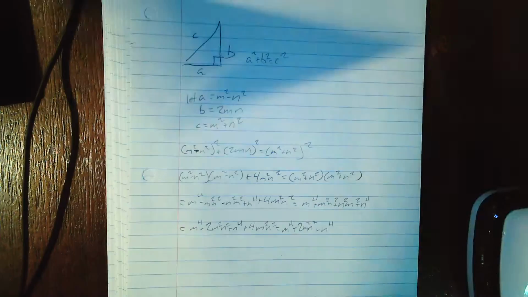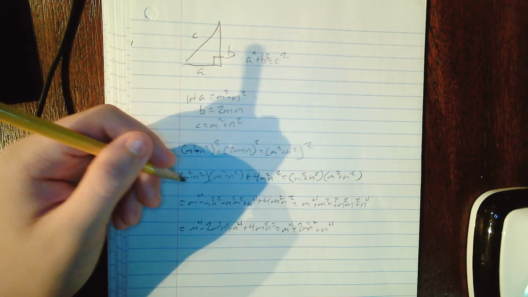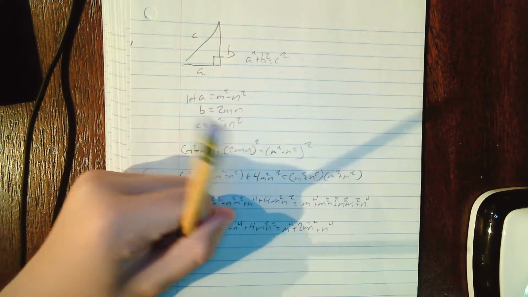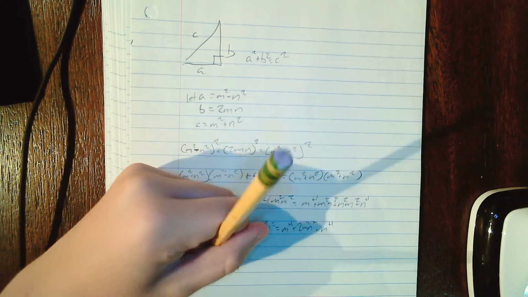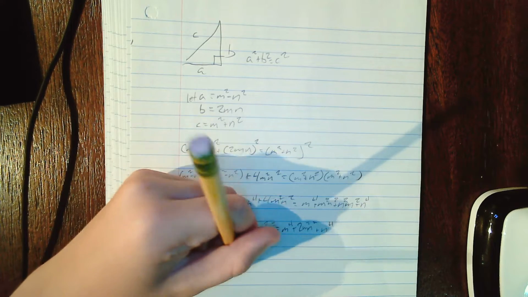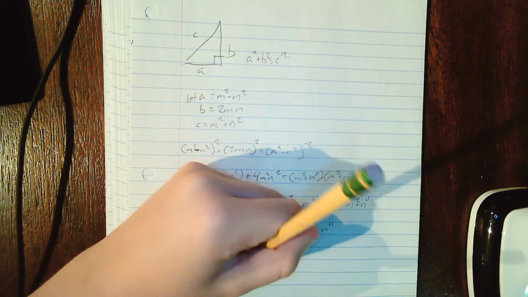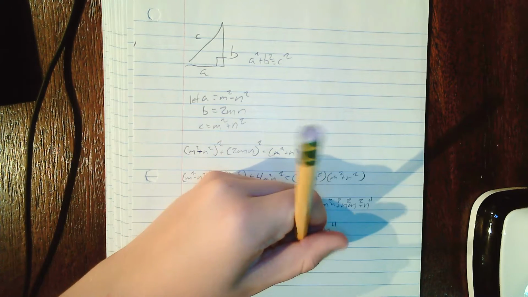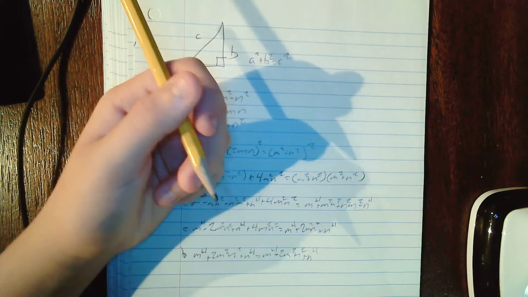Then we combine terms, so we have m to the fourth plus 2m squared n squared plus n to the fourth equals m to the fourth plus 2m squared n squared plus n to the fourth. And you can see now that these match.